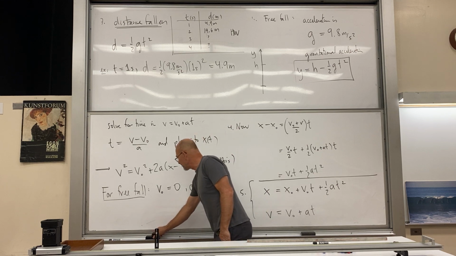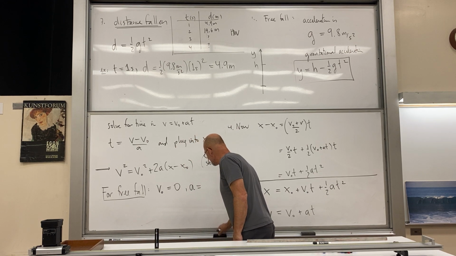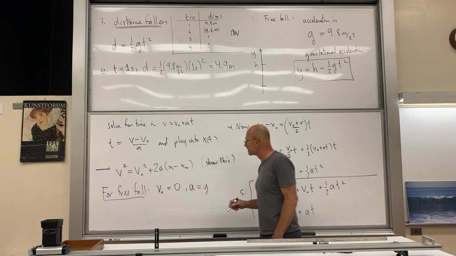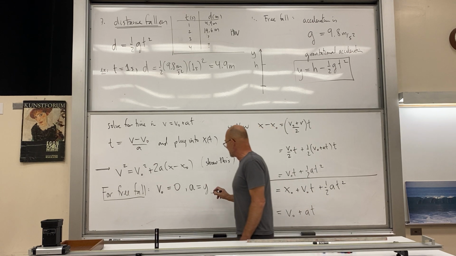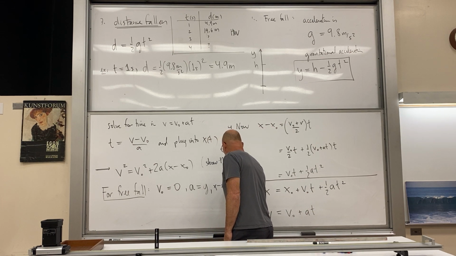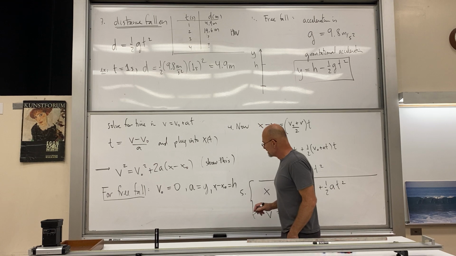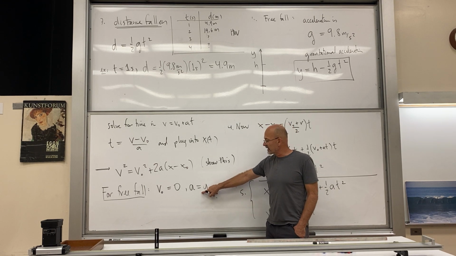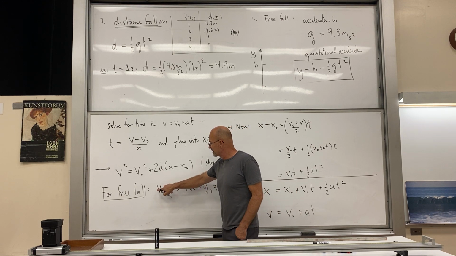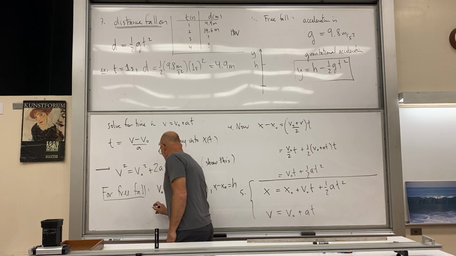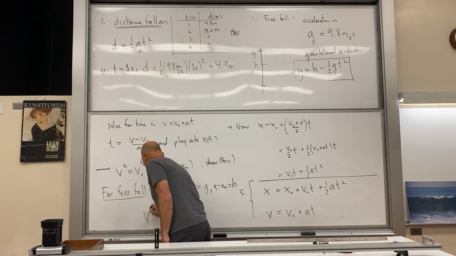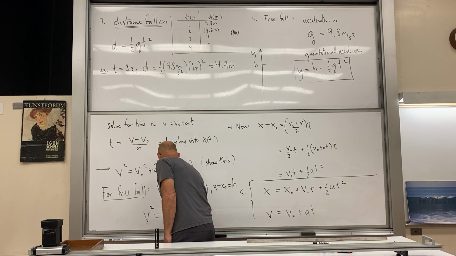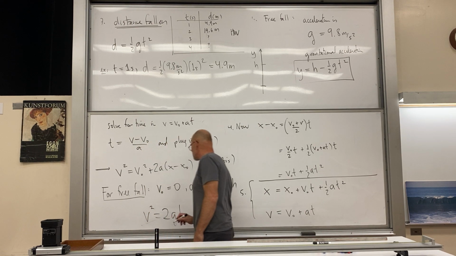Actually, we'll just let a be equal to g for free fall, and x minus x0 be equal to h. So h is a height that we're free falling, g is the free fall acceleration, and v is the speed. Here's what we get. We get v squared is equal to 2gh.